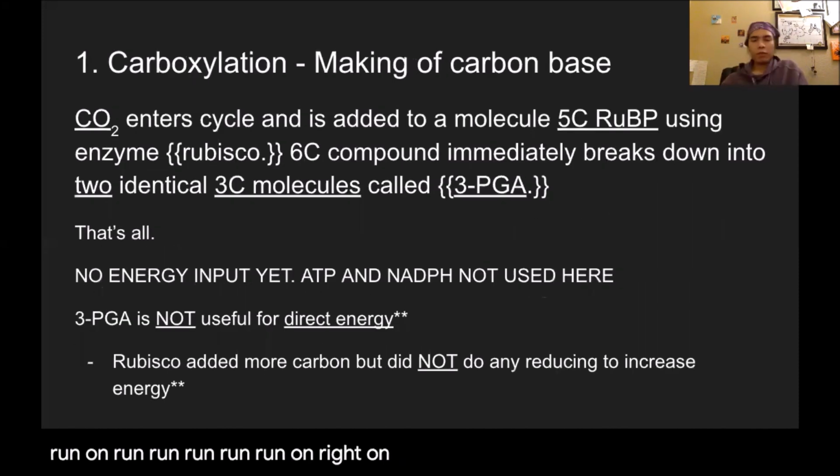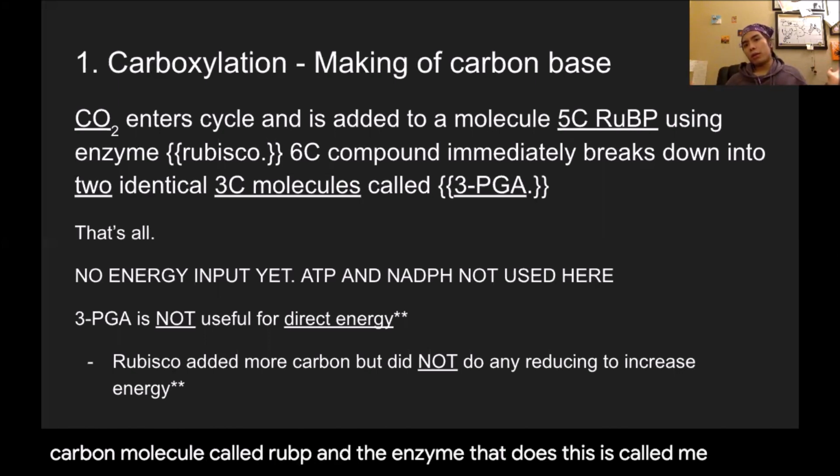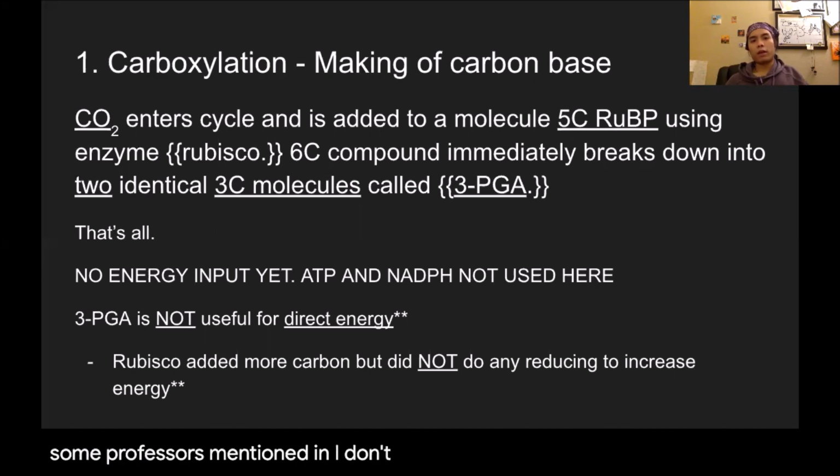Okay. So carboxylation, which is the making of our carbon base. CO2 enters the cycle, and it is added to a 5-carbon molecule called RuBP. The enzyme that does this is called Rubisco. Some professors mention it. I don't think you'll need to know it.